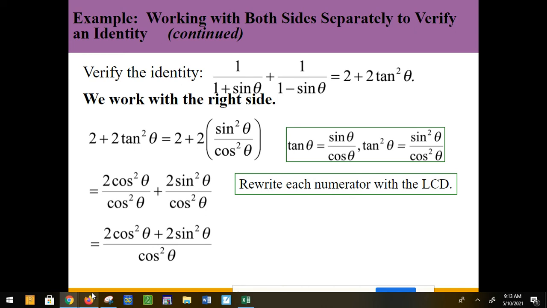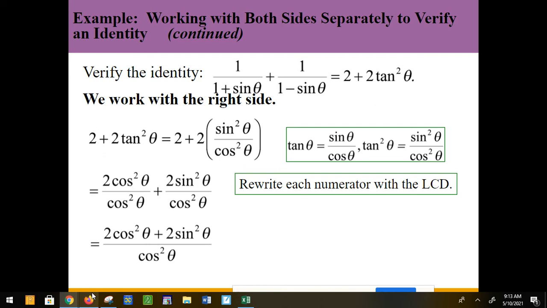Rewrite each numerator with the least common denominator. So your fractions, well, the 2 is this fraction here, right? The least common denominator between 2 and 2 times sine squared theta over cosine squared theta is cosine squared theta.